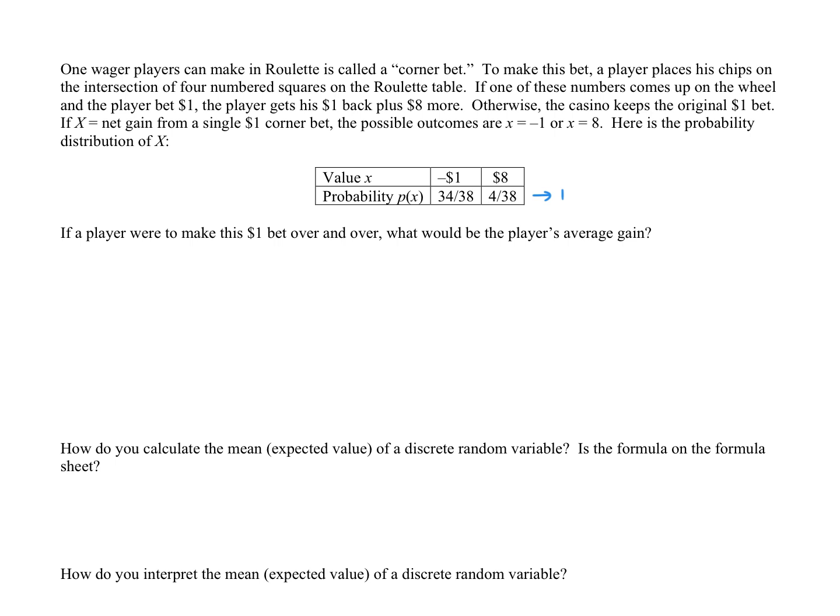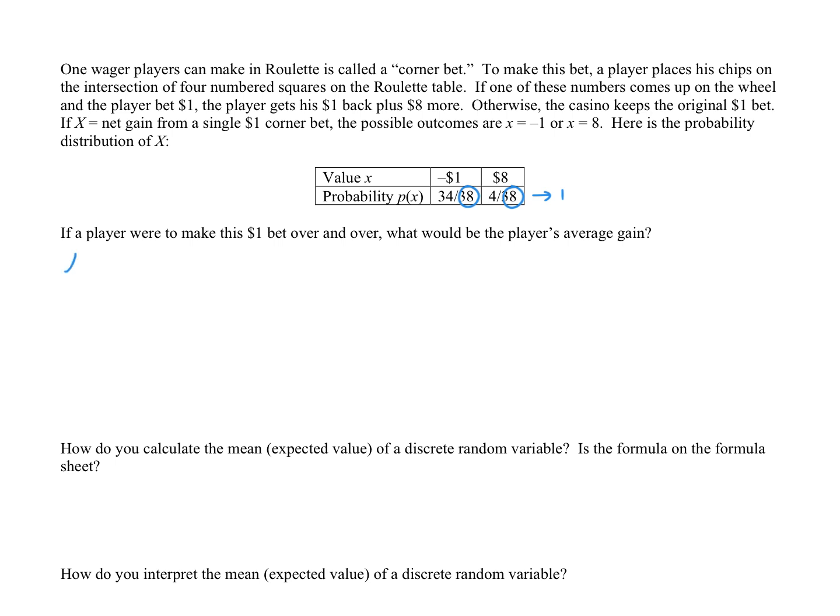So what we're going to talk about today that's new is average. So let's say a player sat at the table and played this game over and over and over again for 5 hours. What would be the average gain? Looking at our probabilities, we see that both of them have a denominator of 38. So let's imagine that the player played this game 38 times.